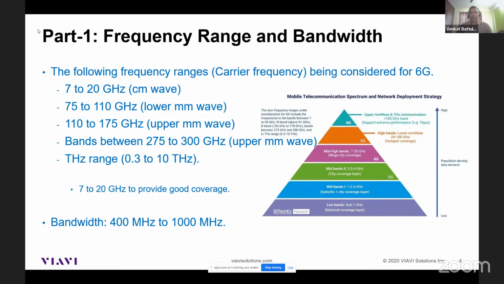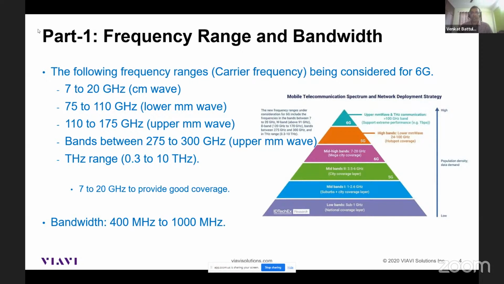We all know that the centimeter wave provides good coverage, but it can't provide the large bandwidths required for 6G use cases. For bandwidth, in 5G the maximum is 400 megahertz. It's still not deployed yet, but normal 5G is 100 megahertz, then 200 megahertz carrier, and then the next is 400 megahertz.